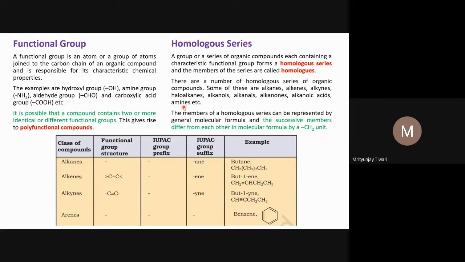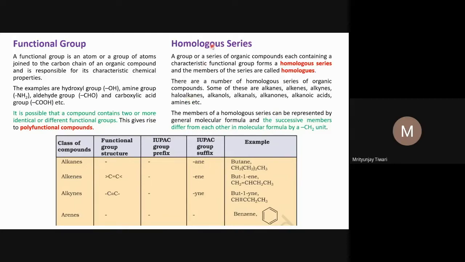Then haloalkanes, we have seen chlorocarbon earlier. Haloalkanes means if the alkanes or hydrocarbons have a halogen atom, which may be chlorine, fluorine, bromine, or iodine, such compounds are called haloalkanes.